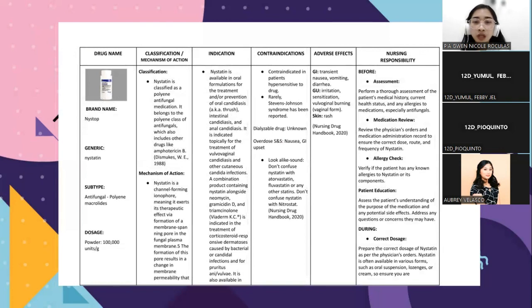So in simple terms, the mechanism of action and classification of Nistop. This is an antifungal medication that belongs to the choline class of antifungals that involves binding to ergosterol, a key component of fungal cell membranes. So this binding disrupts the integrity of the cell membranes, leading to leakage of cellular contents and ultimately causing fungal cell death.